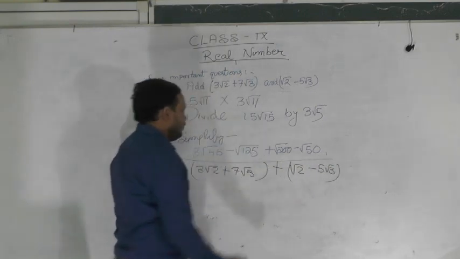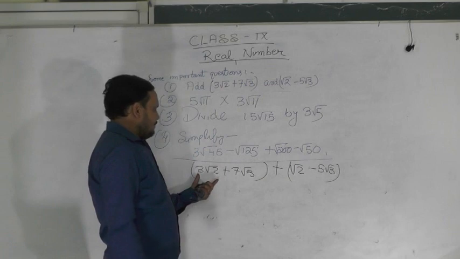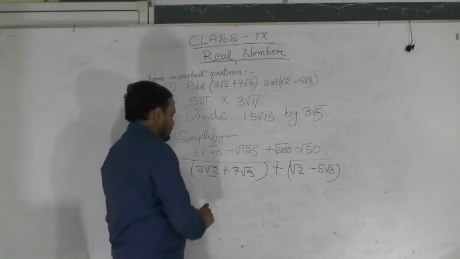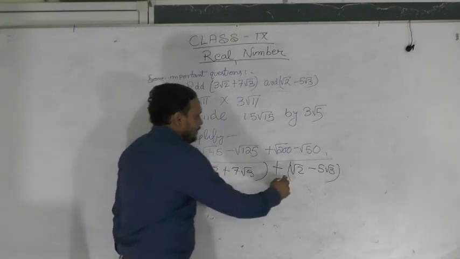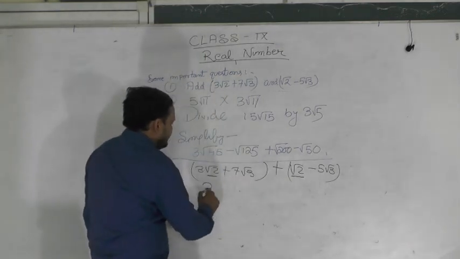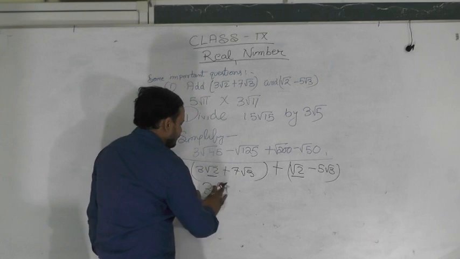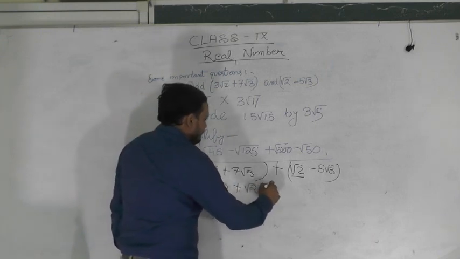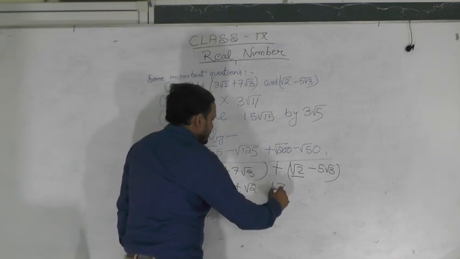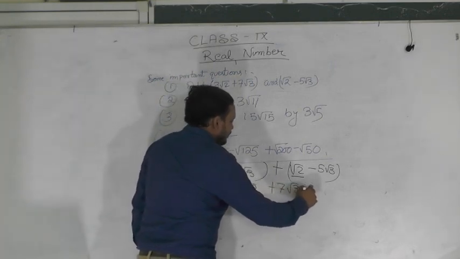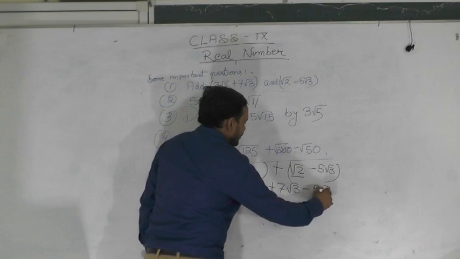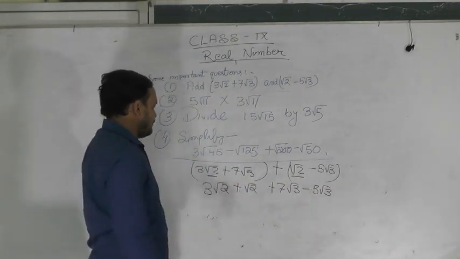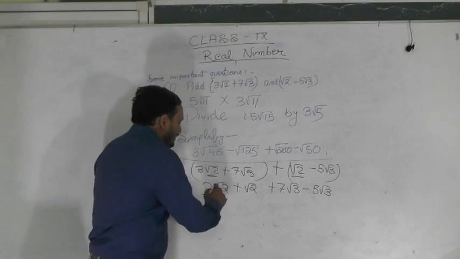What you have to do is separate the terms containing the same irrational part. Here it is root 2, so we separate this term. We can write it as 3 root 2 plus root 2 and plus 7 root 3 minus 5 root 3. It means arrange the terms on the basis of their irrational part. Both numbers have a rational part and an irrational part.